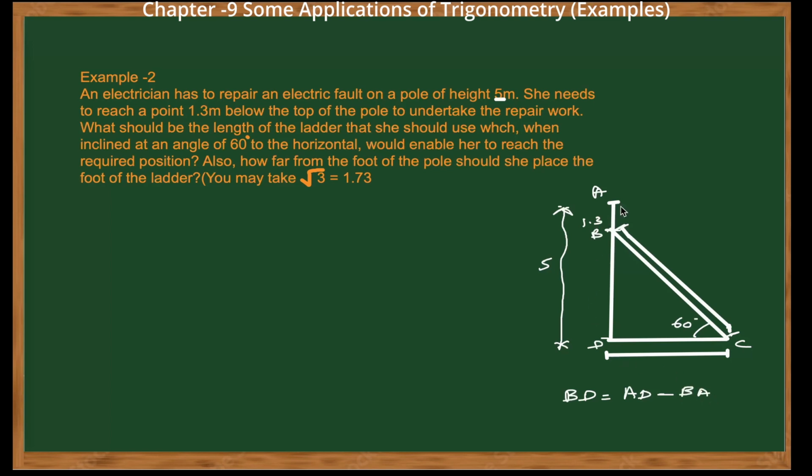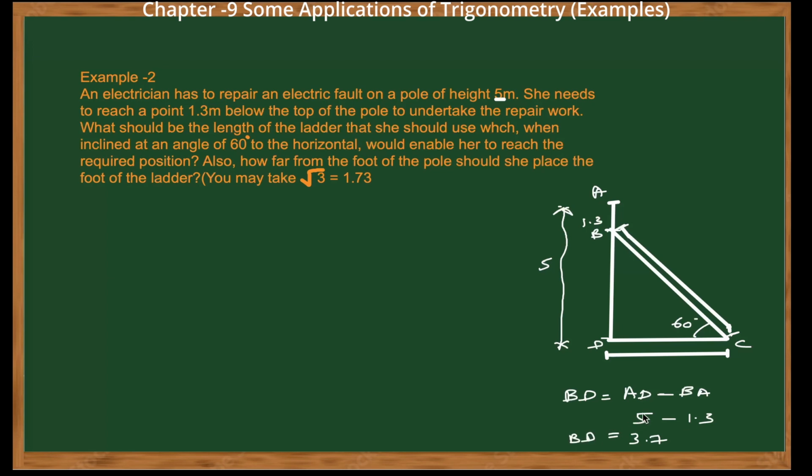So total you have taken 5 meter. From there you have removed this 1.3 meter. So it will be 5 minus 1.3, which is 3.7. BD value we got it.